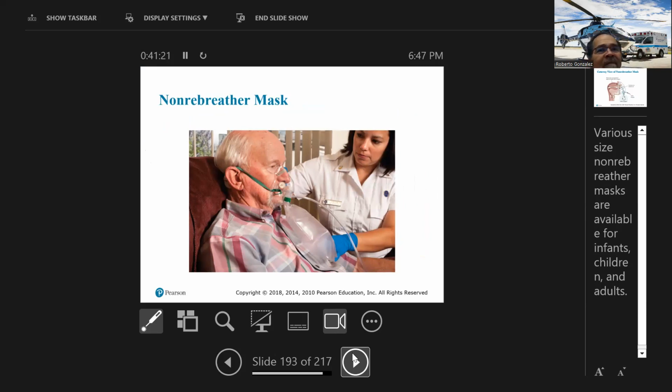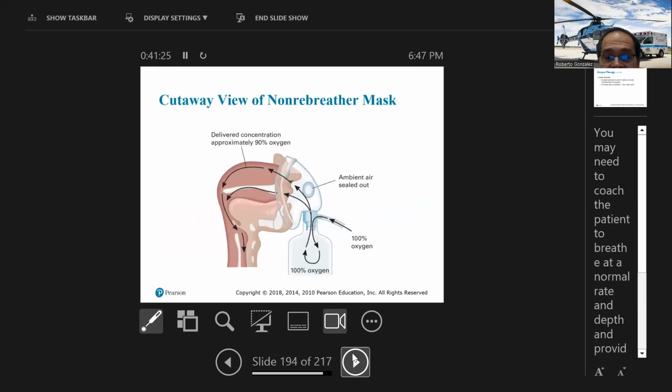It only has a valve on one side. Basically, this reservoir is used to get 100% oxygen. When you don't have one, the amount of oxygen going into the person breathing is a lot lower, because you're mixing it with the ambient air, since you don't have a valve on one side.